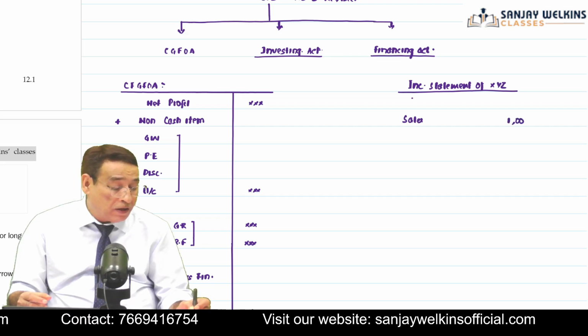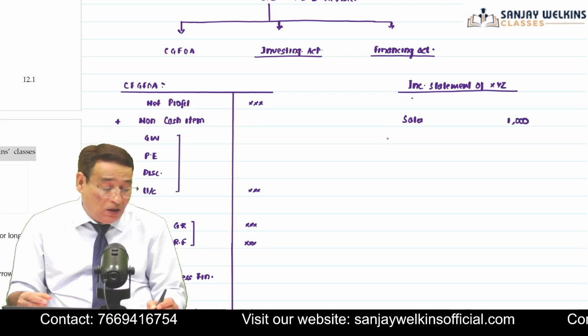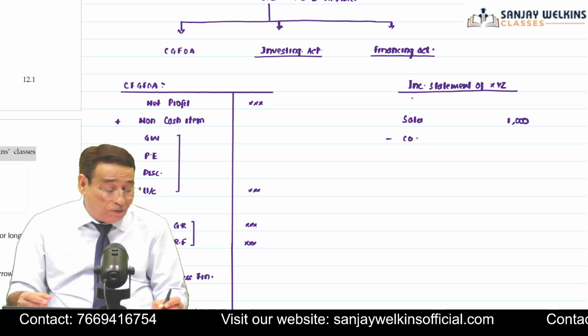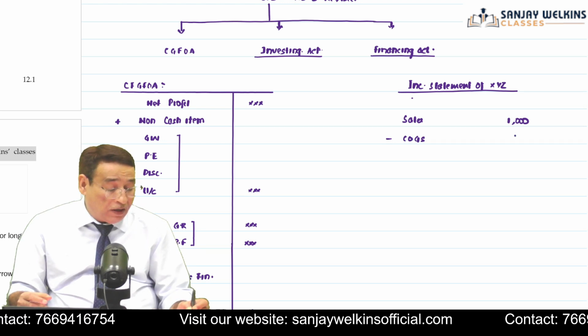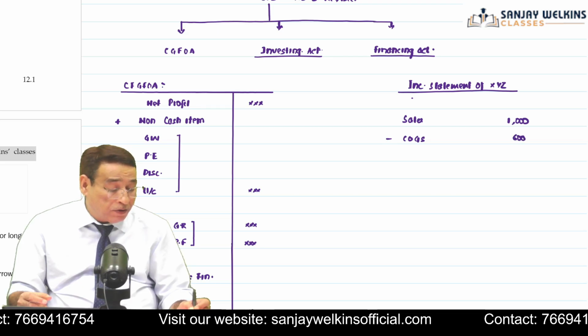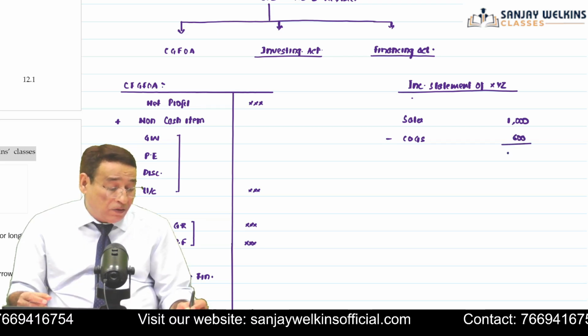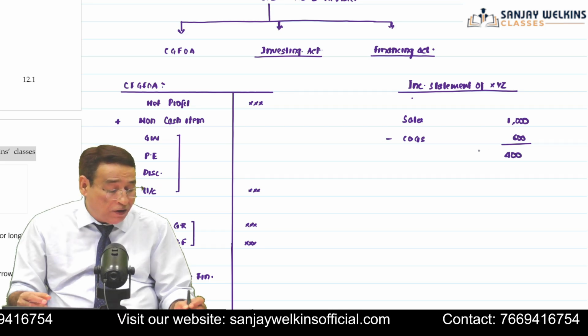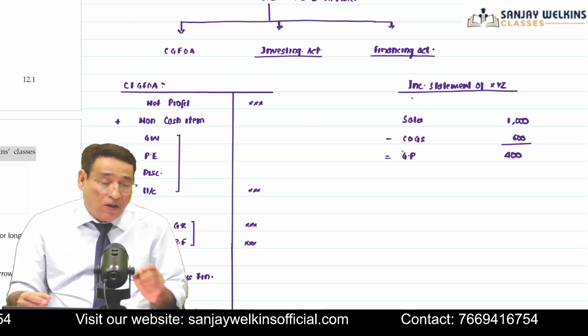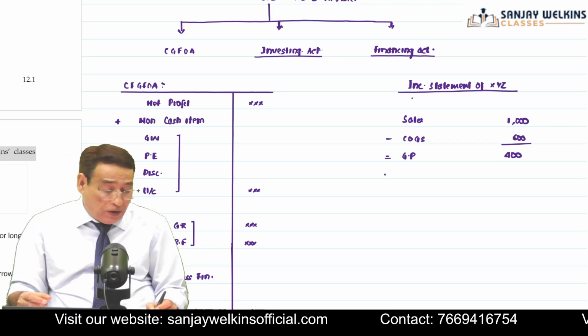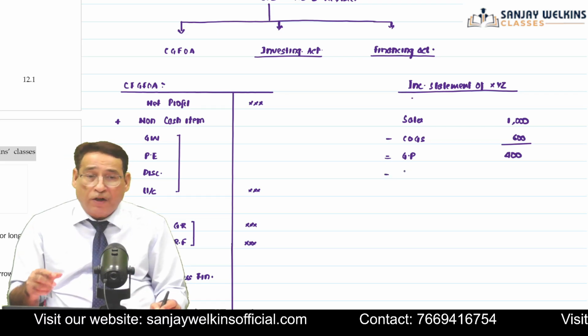All these figures are in crores. We also presume that cost of goods sold is, let us say, 600. Cost of goods sold is 600. So obviously this is the gross profit. I need not tell that. This is gross profit. Correct? From the gross profit now, I am going to subtract some expenses.